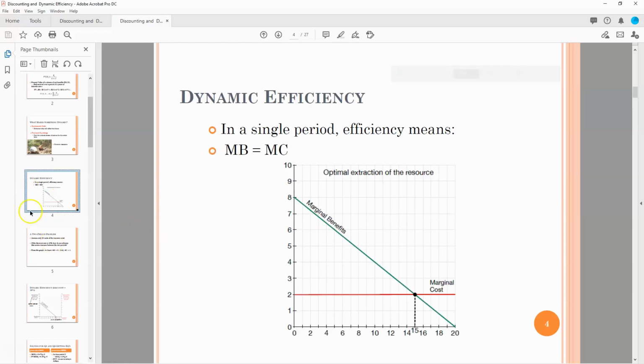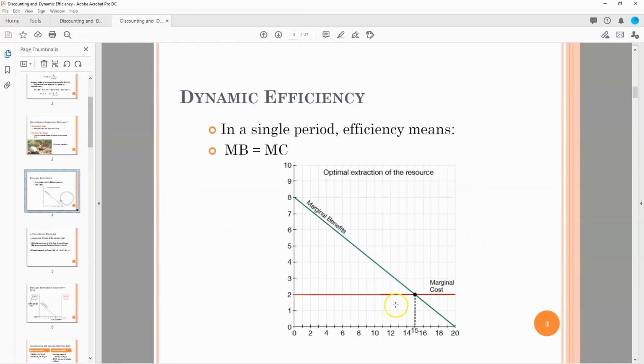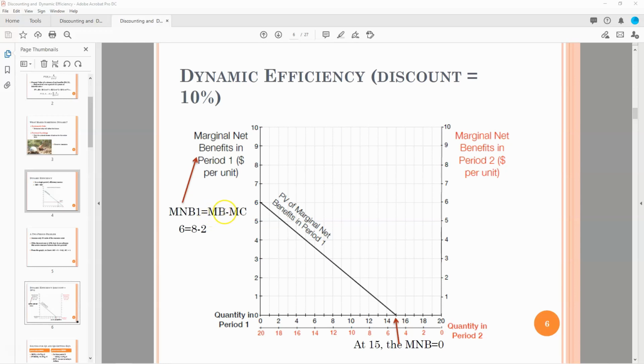From the graph, we know the marginal benefit curve is 8 minus 0.4 times Q, and the marginal cost curve is equal to 2. When we know the marginal benefit and the marginal cost, we can get the marginal net benefit in period 1, which is the difference of marginal benefits and marginal costs.